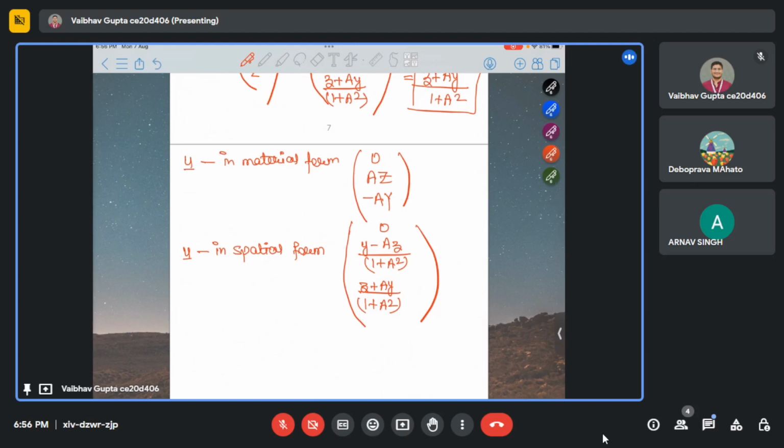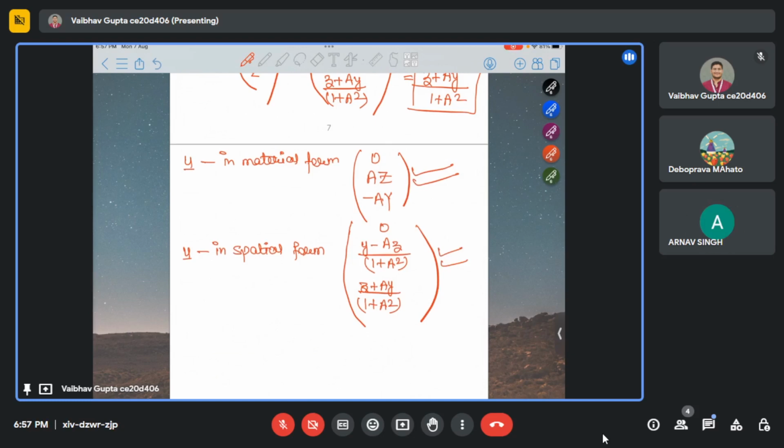You have to do it with this method only. Or if they give the current configuration coordinates and the deformation field and ask for the displacement of the particle in the reference configuration, you use this for our example. And if they ask for the displacement in the current configuration, you have to do this thing.